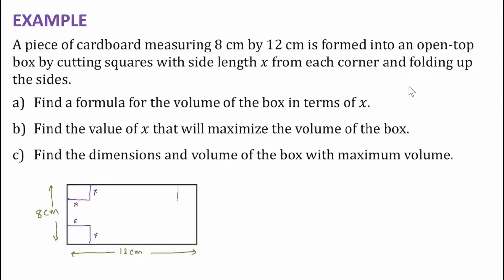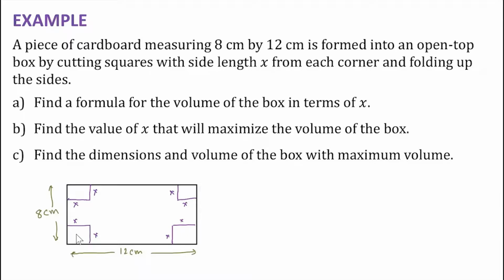In this corner also they are cutting the square x by x, and also in the fourth corner they are cutting the square x by x. They are cutting and removing these squares, throwing them out.